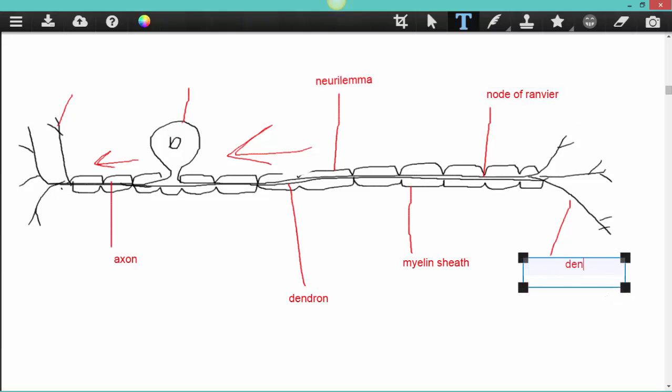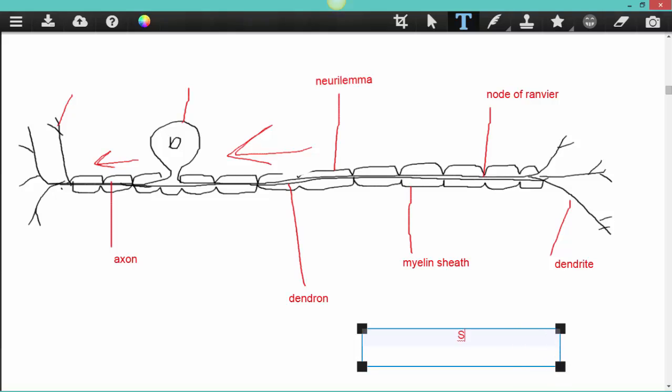This dendroid. This dendroid takes impulses from sensory organs or receptors, like eyes or pain receptors, stuff like that. So this is sensory neuron.